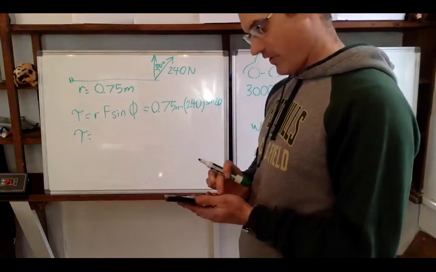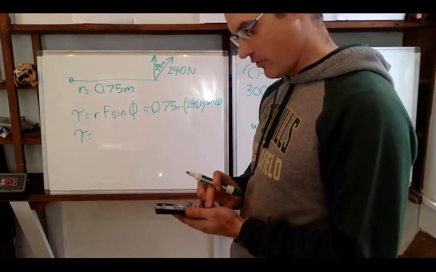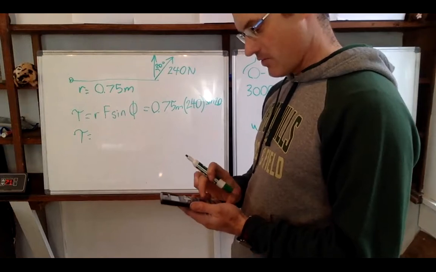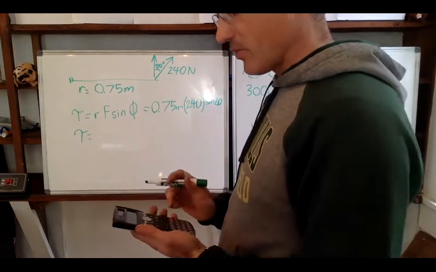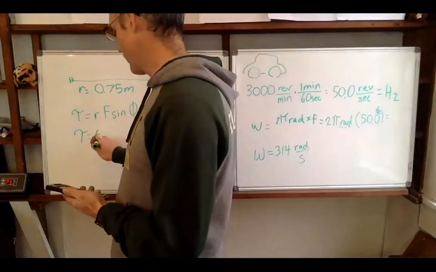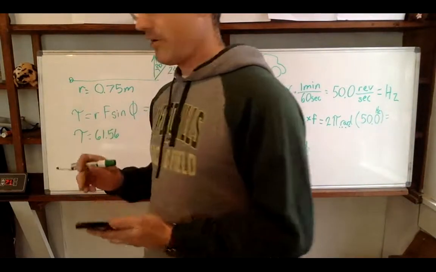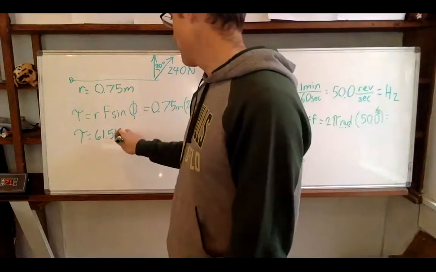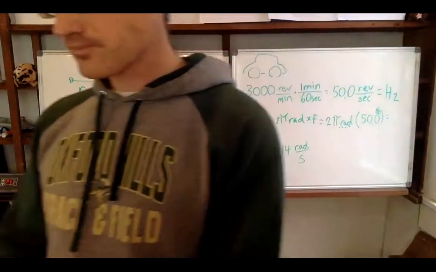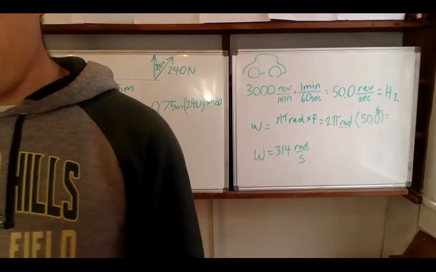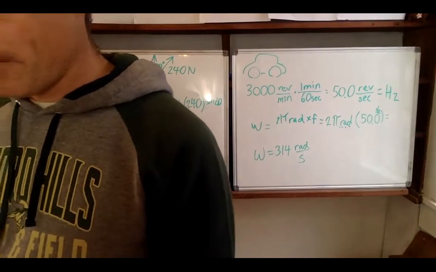So we have 0.75 times 240 times sine of 20 is 61.56. All right, and that's Newton meters. Newton meters.